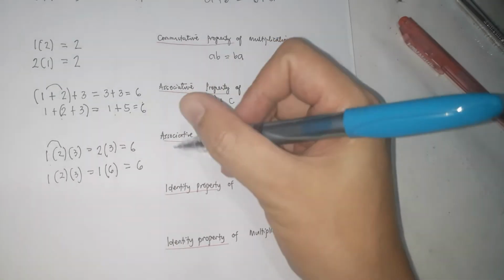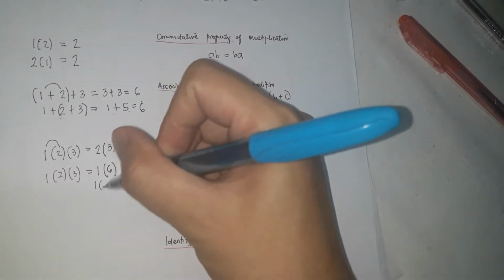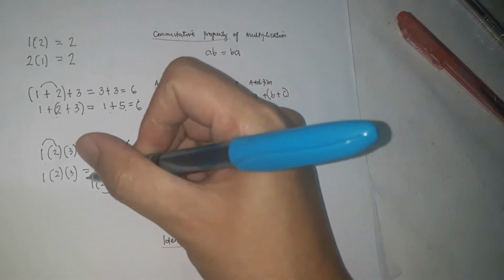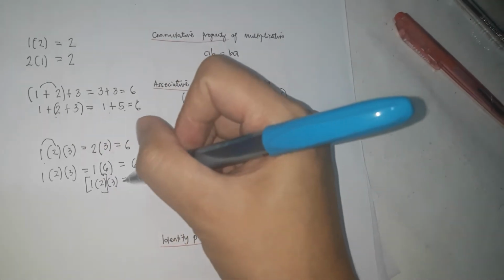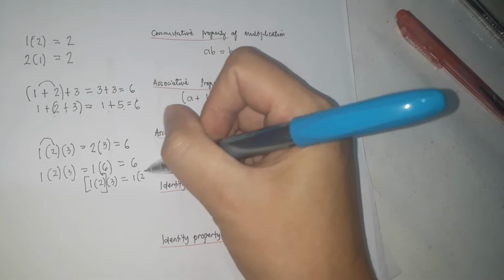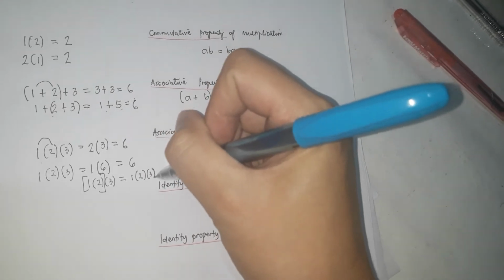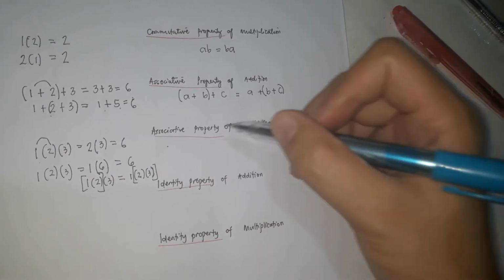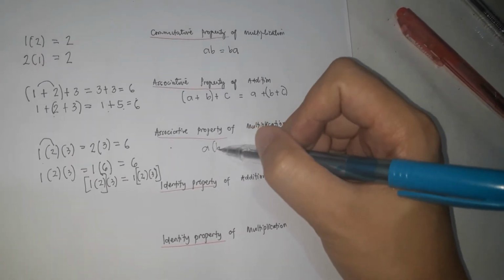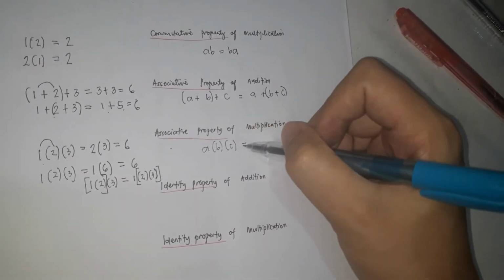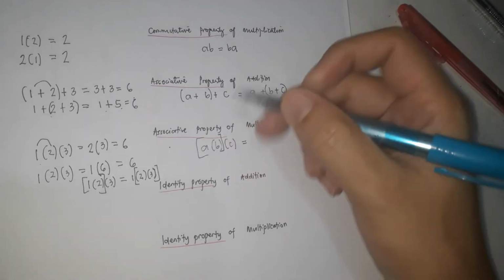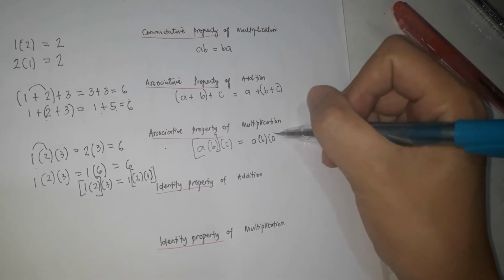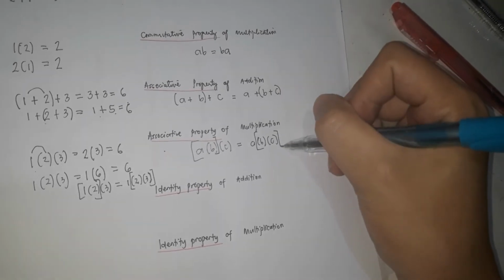So 1 times 2 times 3 is just the same whether we start with 1 times 2 or start with 2 times 3. So that's the associative property of multiplication. A times B times C is the same as A times B times C if we start with B times C.